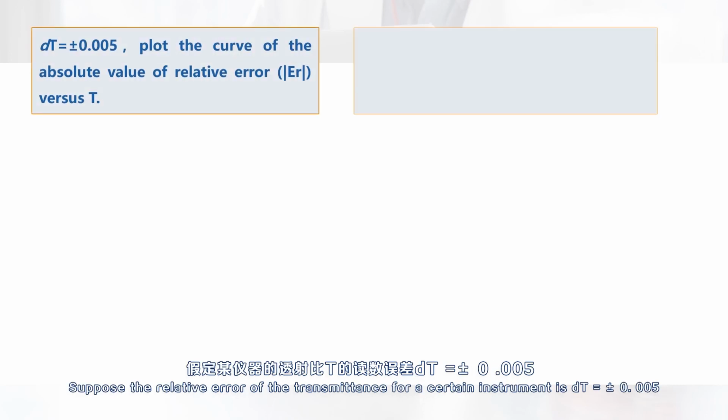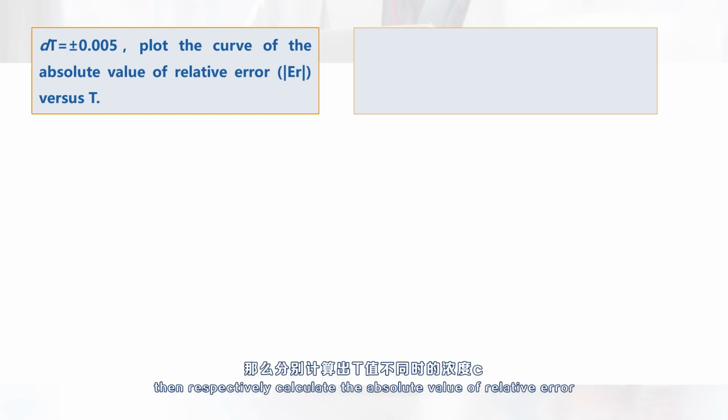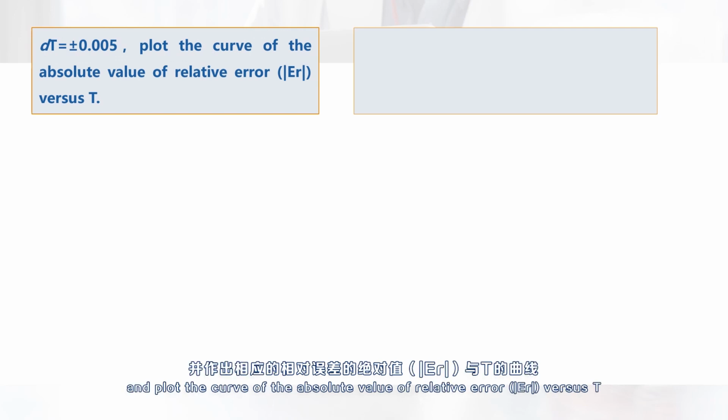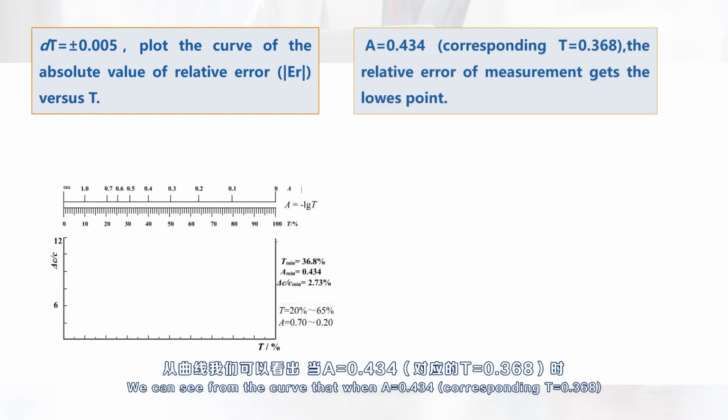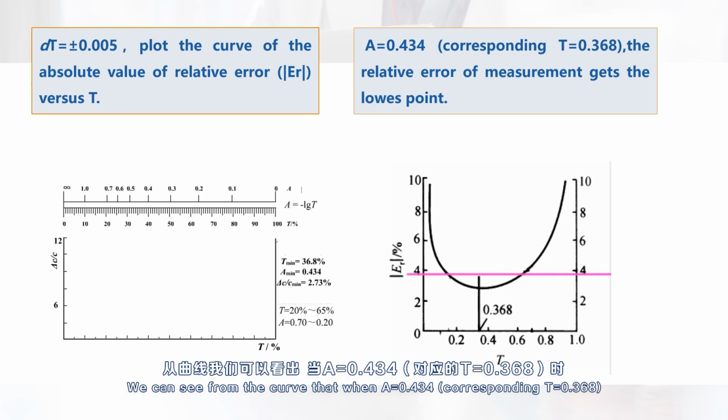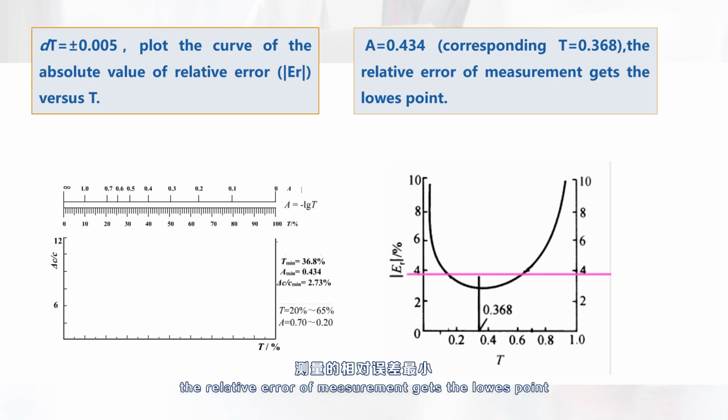Suppose the relative error of the transmittance for a certain instrument is dT equals 0.005. Then respectively calculate the absolute value of relative error of corresponding concentration C with different T values and plot the curve of the absolute value of relative error versus T. We can see from the curve that when A equals 0.434, the relative error of measurement gets the lowest point.